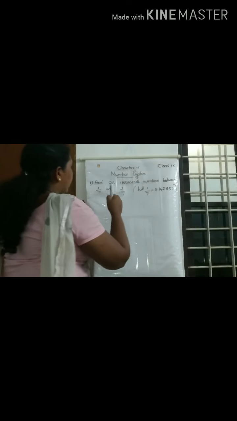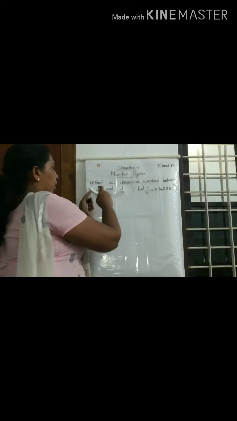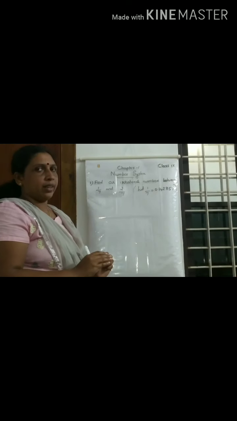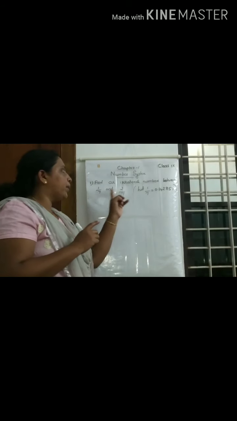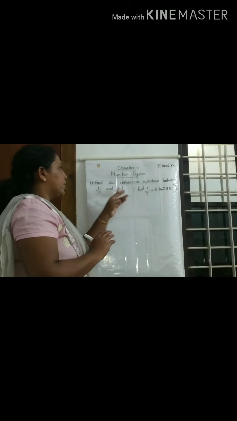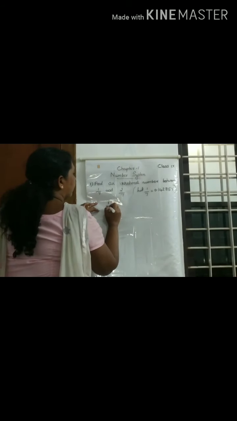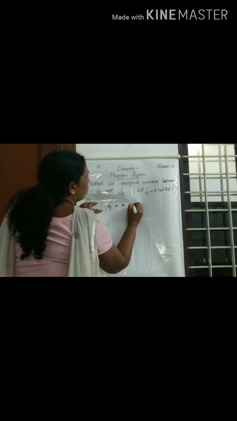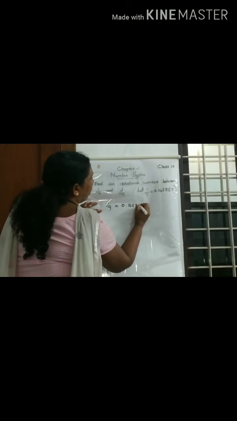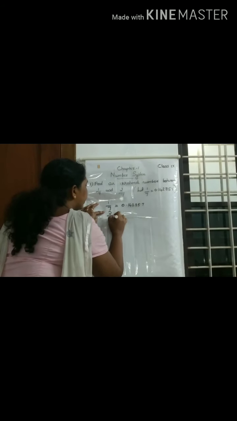Then today we have to find an irrational number between the two rational numbers 1/7 and 2/7. Here 1/7 is given as 0.142857.